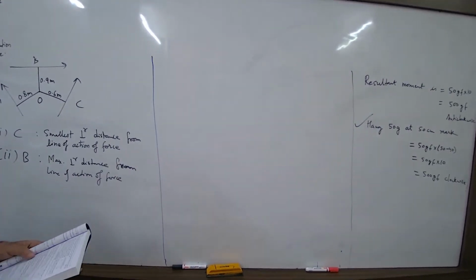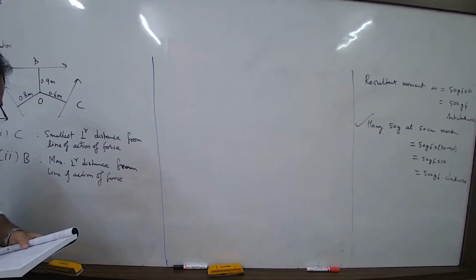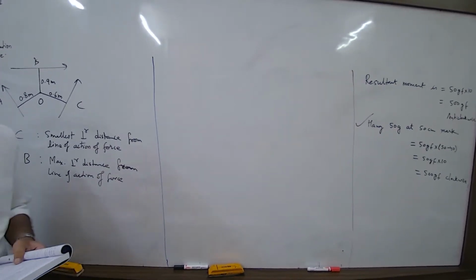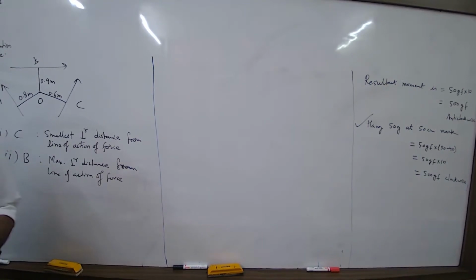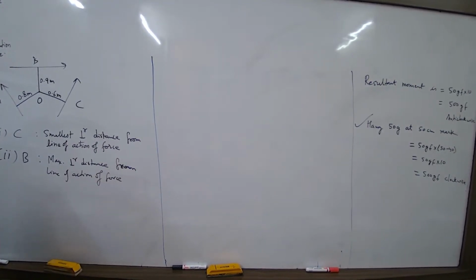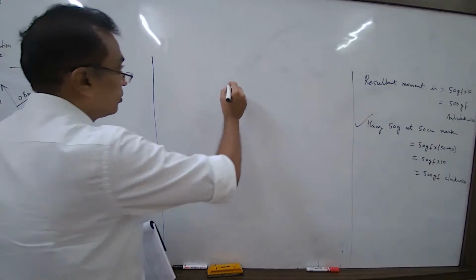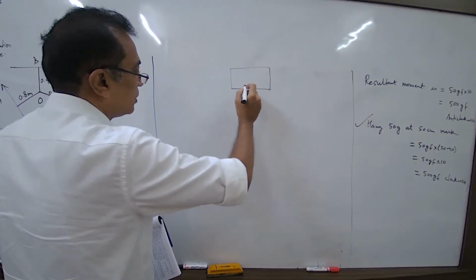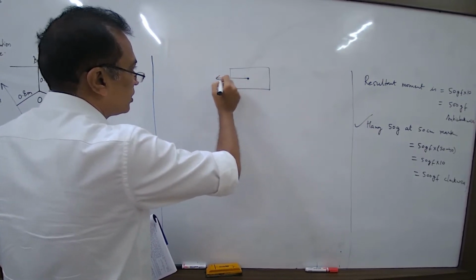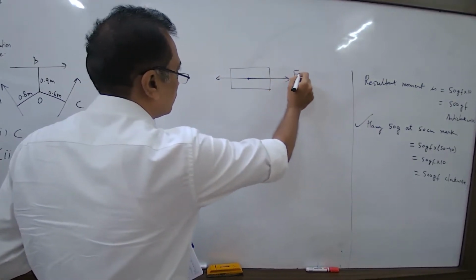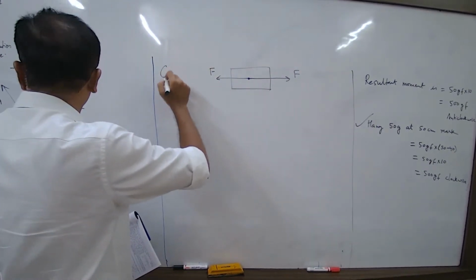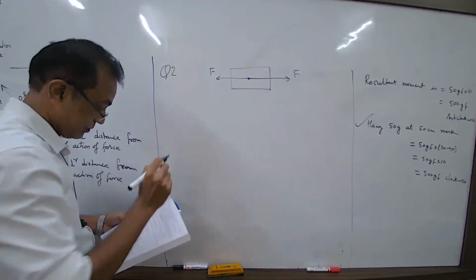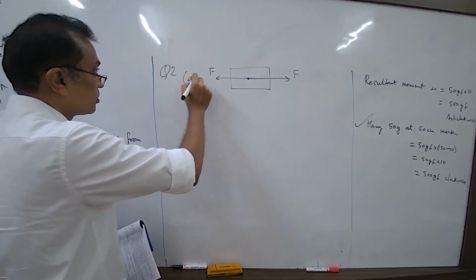Who will answer part A? A body is acted upon by two forces, each of magnitude F, but in opposite directions. State the effect of the forces if both forces act at the same point of the body. So let us say you have a body like this, and it is acting at the same point, but in opposite direction. What effect will it produce? This is question 2.